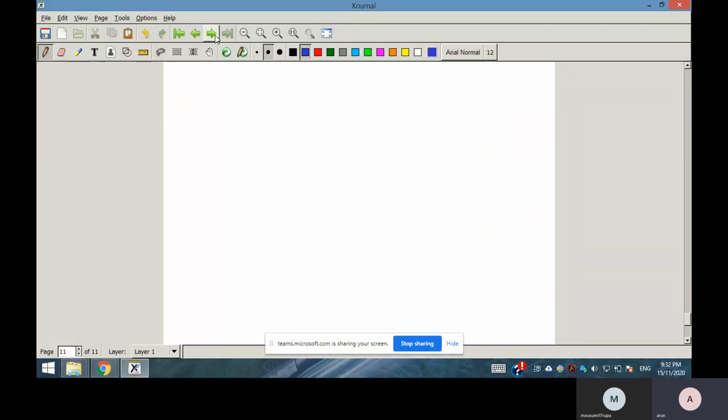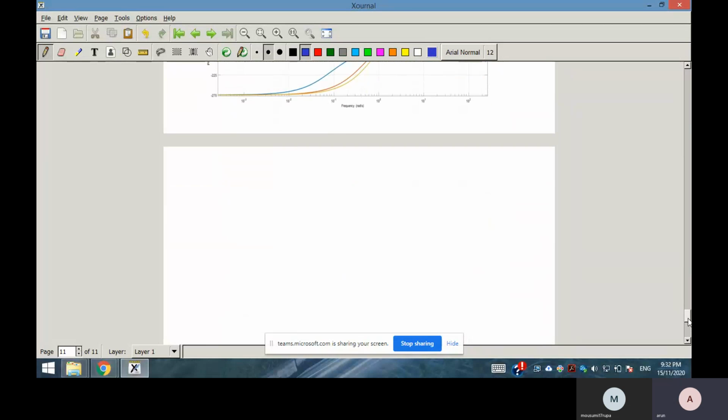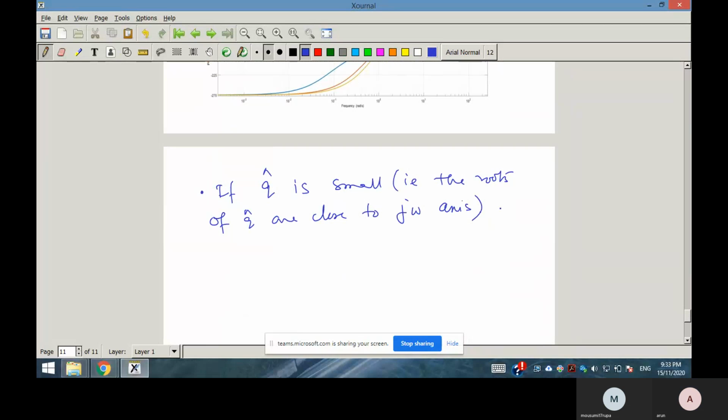The conclusion will be like this: if Q hat is small, meaning the roots of Q hat are close to the j omega axis, then what happened?